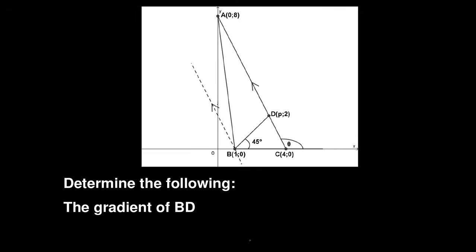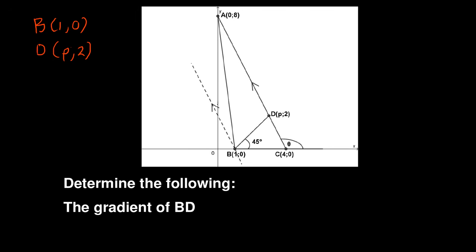And then to find the gradient of line BD, you are given B as (1, 0) and you are given D as point (P, 2), and the other information you are given is that BD makes an angle of 45 degrees with the x-axis.